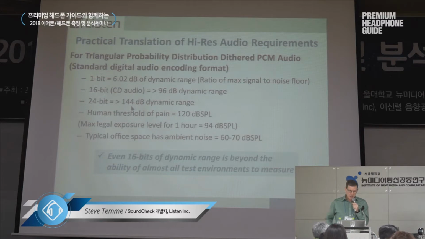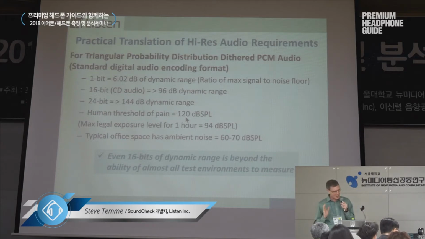The interesting thing is, if we're doing a recording of live music, we know, first of all, the human threshold of pain, 120 dB SPL, is very loud. And I'm sure people have gone to concerts where it's been 120 dB, and maybe you've hurt your ears.